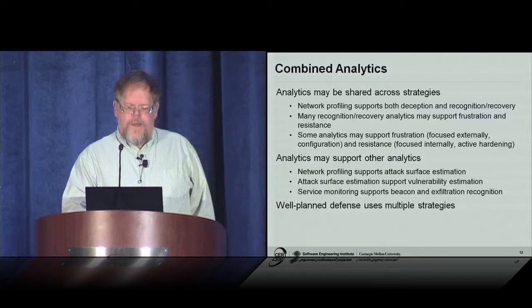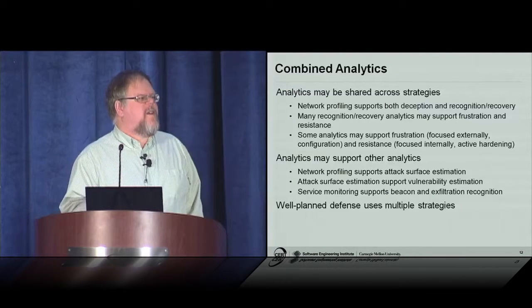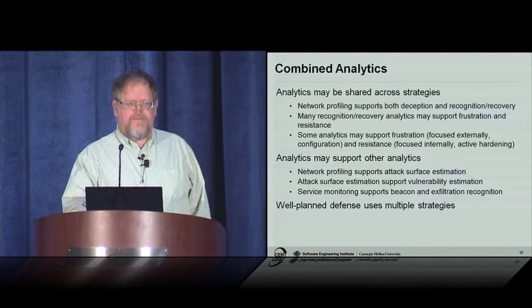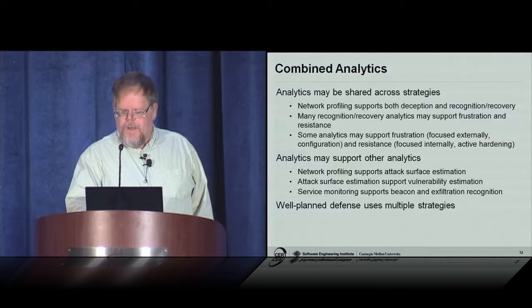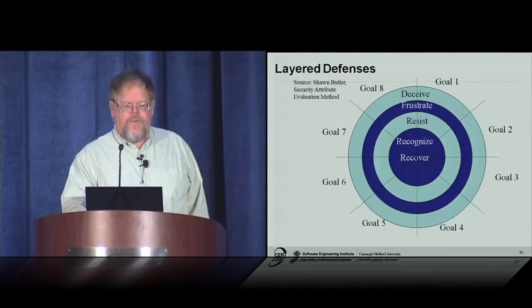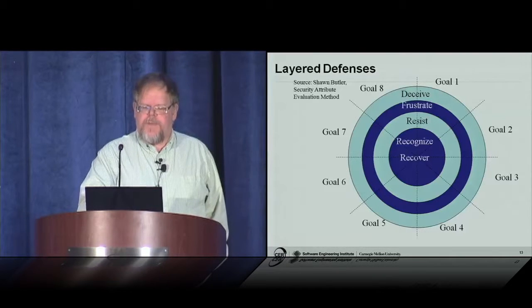So the idea is a well-planned defense will use multiple strategies. These are not alternatives. These are simply options that are available to you, and you can pick from them in a Chinese menu type of manner to try and improve things in this regard. Certainly the stacked analytics give you an opportunity to use a probably overused buzzword, defense in depth.